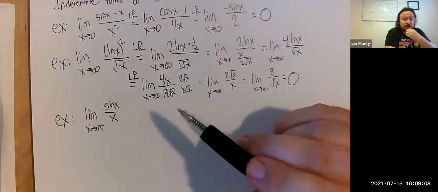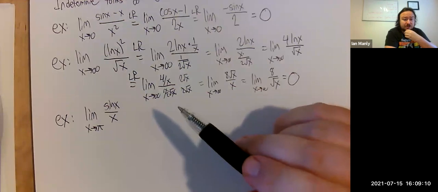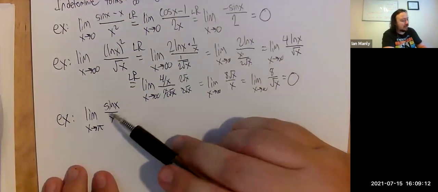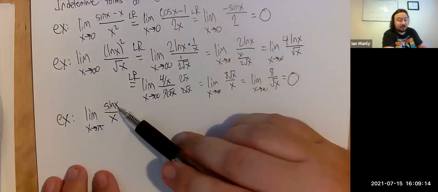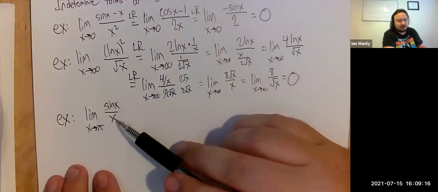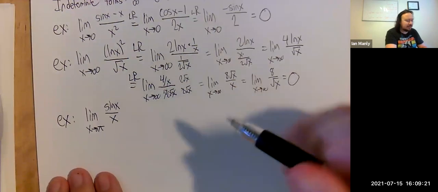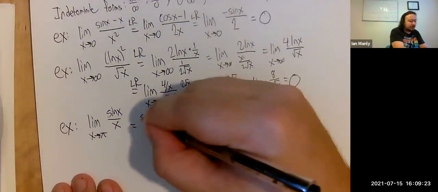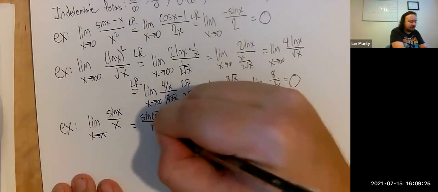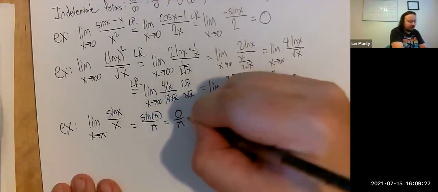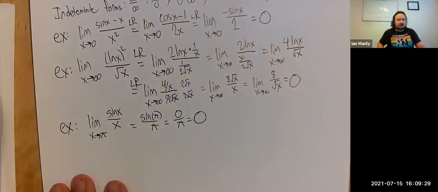But before we do that, we need to check if it's one of the indeterminate forms. So if I plug in pi into here, I do get sine of pi, which is 0 up here. But on the other hand, I just get pi down here. So this isn't an indeterminate form at all. This will just be sine of pi over pi, or 0 over pi, 0.